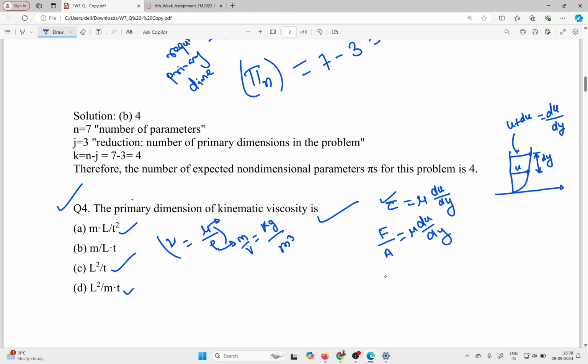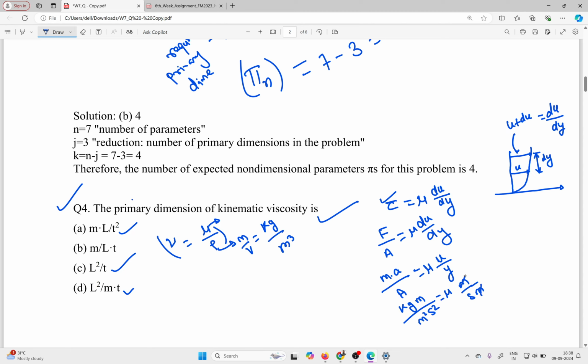But here force is nothing but mass into acceleration divided by A, into mu, u by y. Because here I am going to find the dimension, there is no meaning of the d in du and dy when we find the dimension. So mass is kg, meter per second square for acceleration, area is meter square, mu is meter per second, and this is meter.